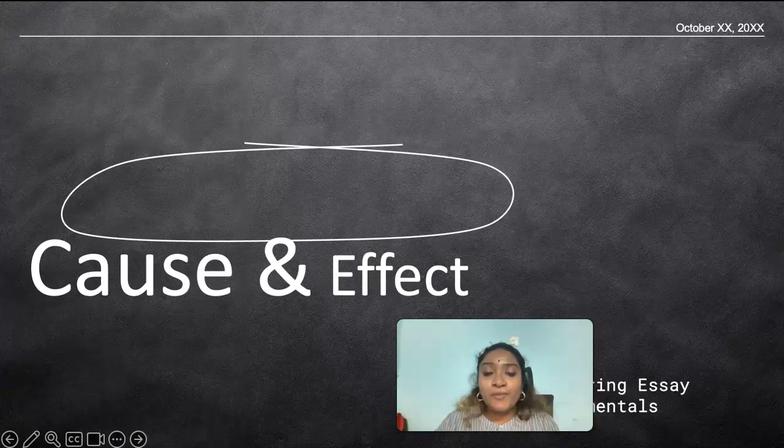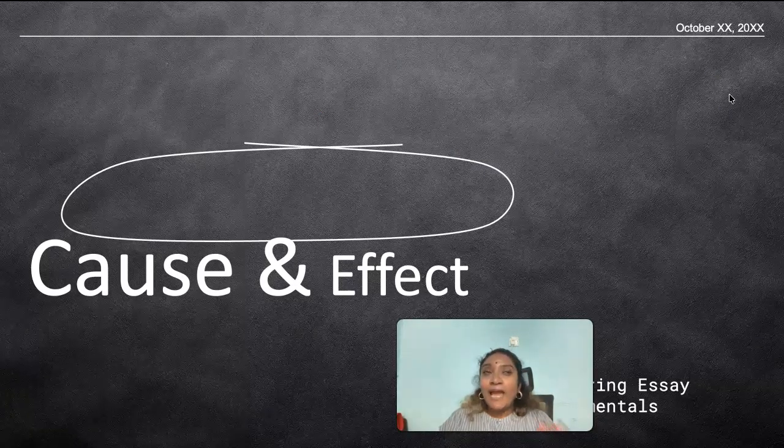When we talk about a cause and effect essay, it has a bit of a similarity to the problem and solution essay that we actually did weeks ago. When we talk about a problem and solution essay, you are referring to a problem, and later on you are providing a solution.